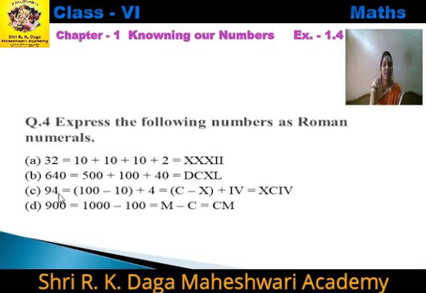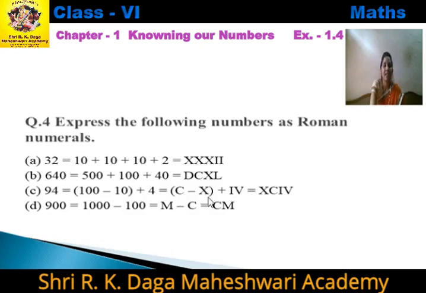Next number is 94. To write this 94, first we will write 90 plus 4. But 90, that is 100 minus 10, plus 4. 100 minus 10, so C minus X plus this 4. For this 4 we will write IV.